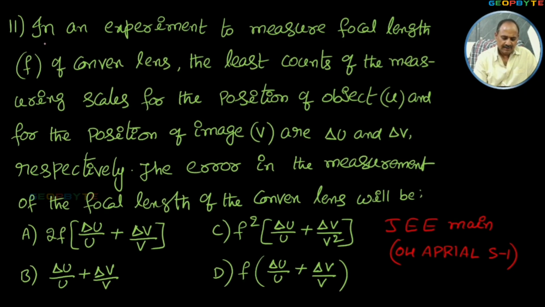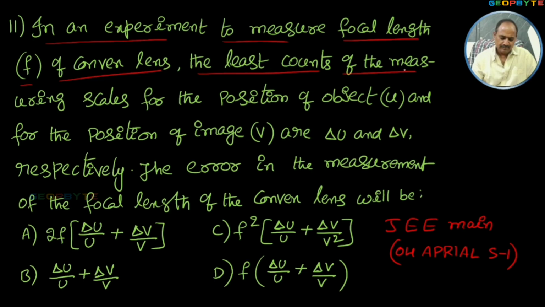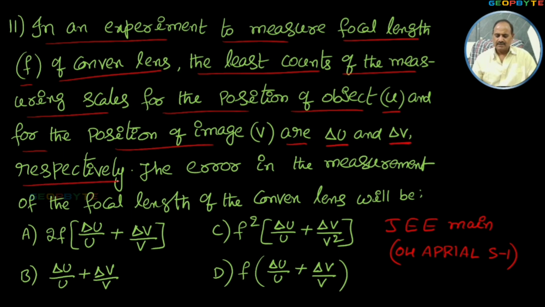Dear students, look at another important question. It is asked like this. In an experiment to measure focal length f of a convex lens, the least counts of the measuring scales for the position of object u and for the position of image v are delta u and delta v respectively.